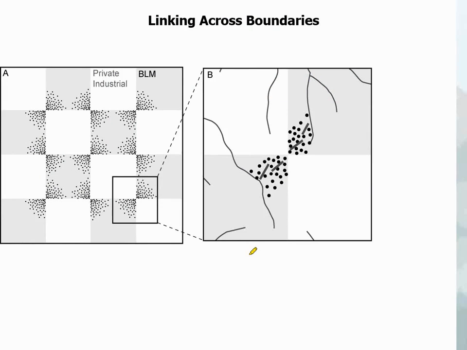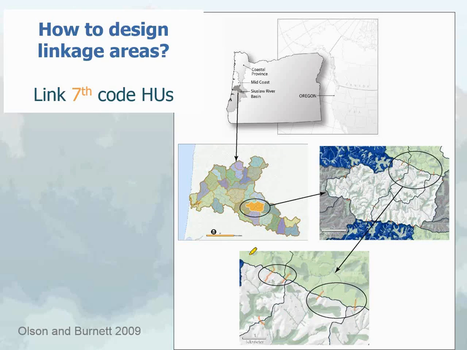If you're in a BLM landscape, you should be looking at your diagonals. This is how to connect across BLM squares, or across any pattern of land ownership. Look at those connections. How can you connect from the stream across to another adjoining land that you have jurisdiction over for managing?